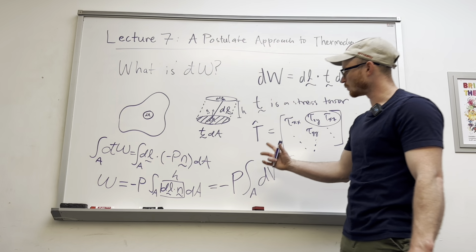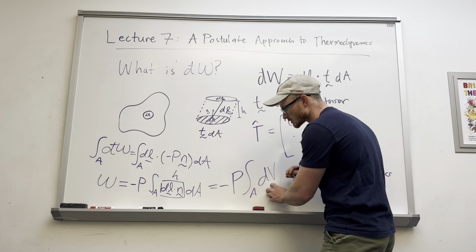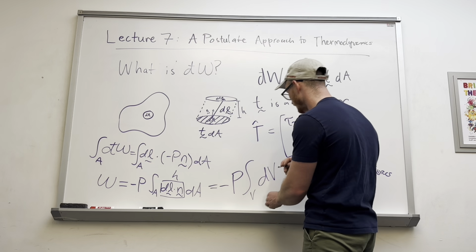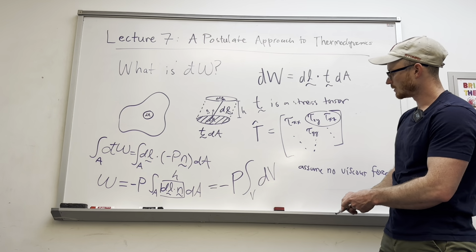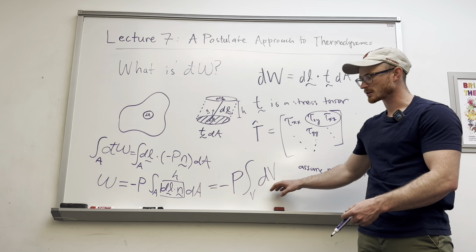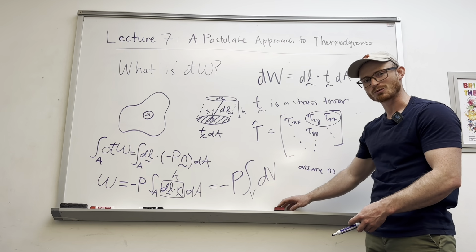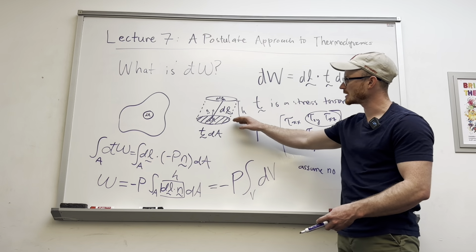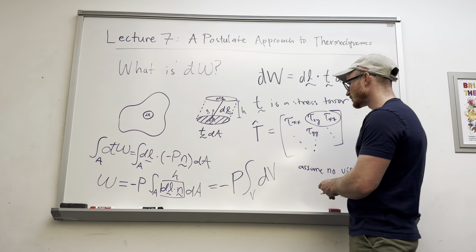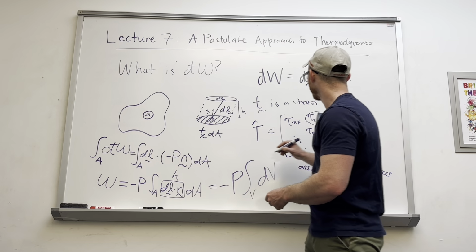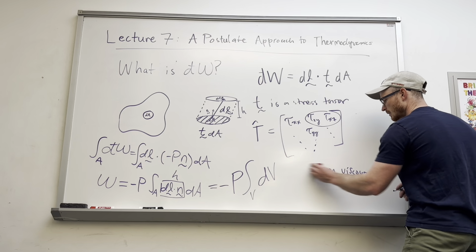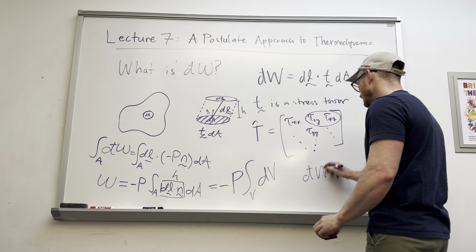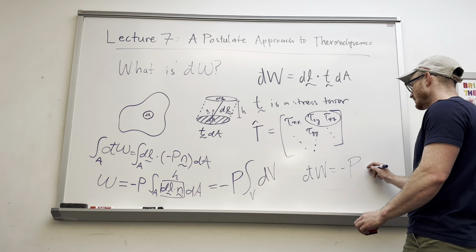Now, we have some weirdness here. When we do this transformation, we change our bounds, so it's truly an integral over the entire volume. That looks like something you have probably seen before. If you were to look at only a single dA, then this expression would end up being dW equals minus P dV.